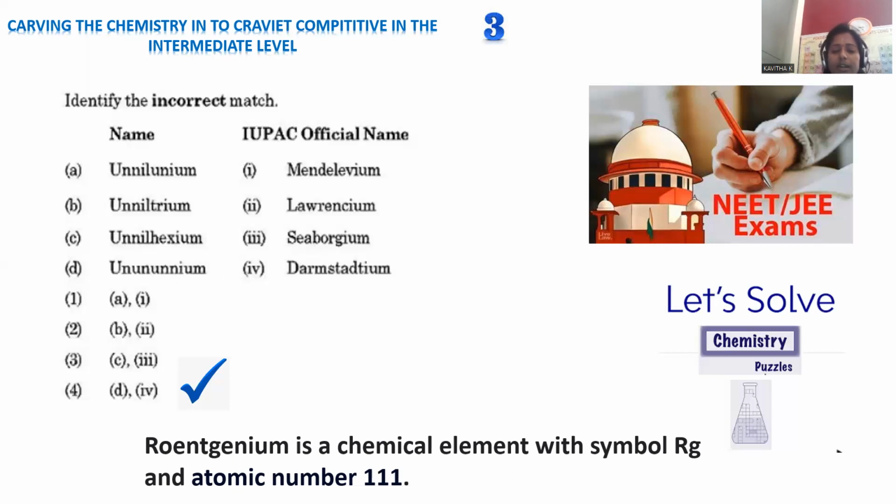Rather, the 111 chemical element is given by Rg, which is called roentgenium. So this is the way we have to identify the incorrect answer regarding IUPAC official naming. Among all, option 4 is the wrong one, so the fourth one is the correct answer for this question number 3.